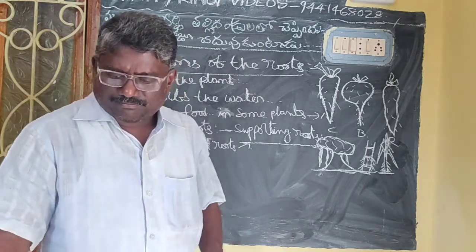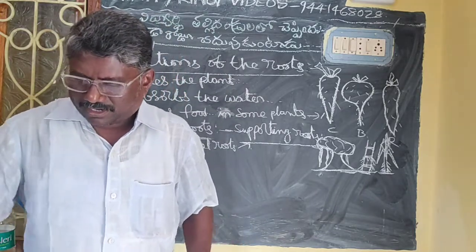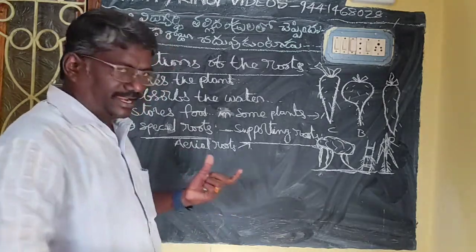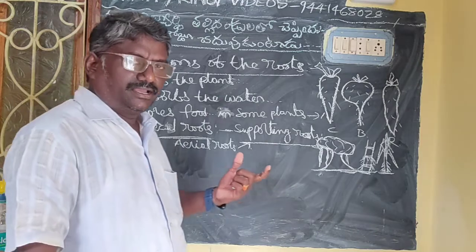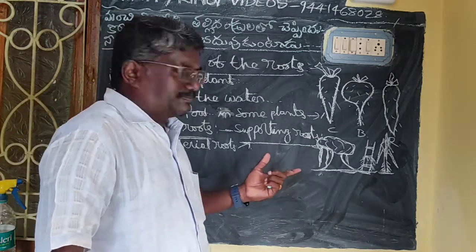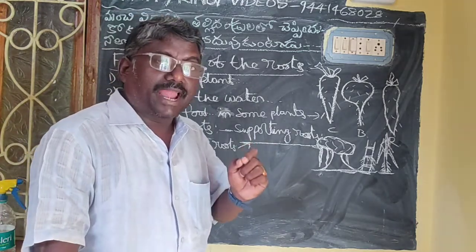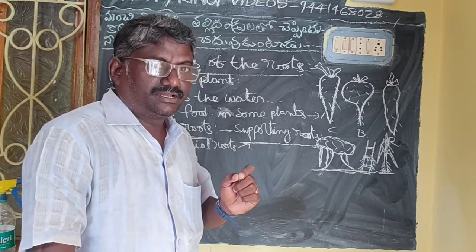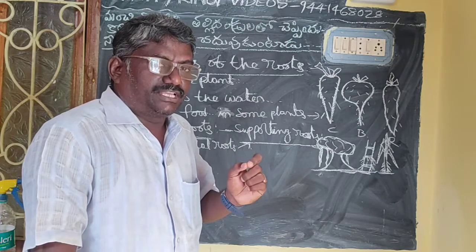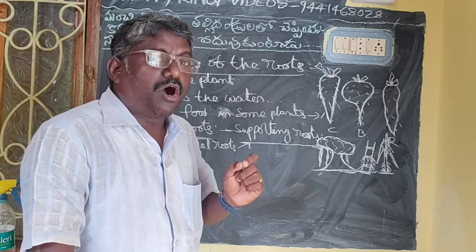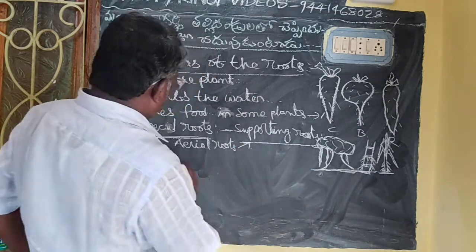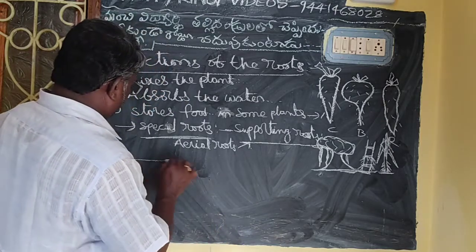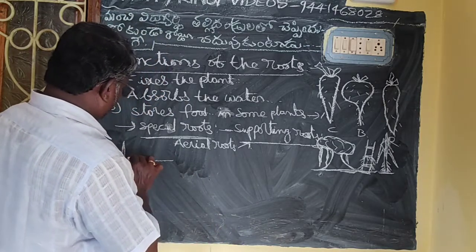Some other roots also there, the aerial roots. That means plants which grow in the seashore. Such type of trees are called as mangroves. So in the mangrove roots, there are aerial roots.